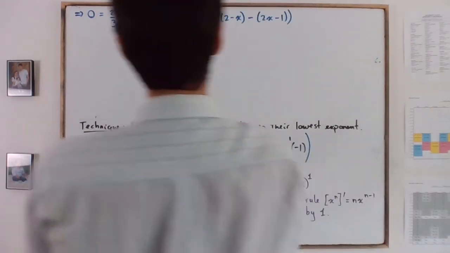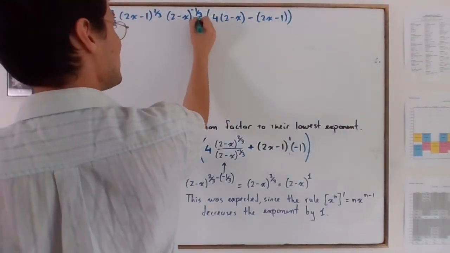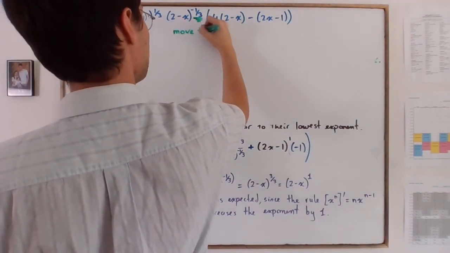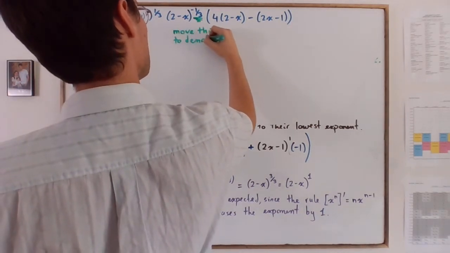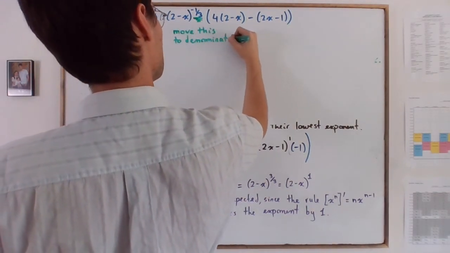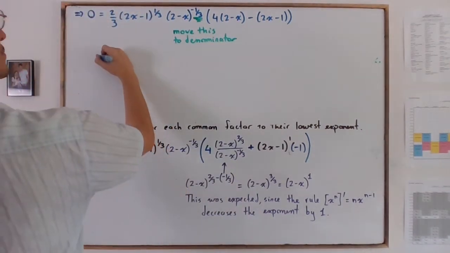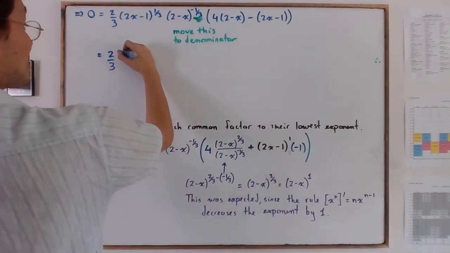Now one thing that I will show you here is that you would have an advantage to put this at the denominator. So move this to the denominator. So you have 2/3, and then this is what's going to happen.